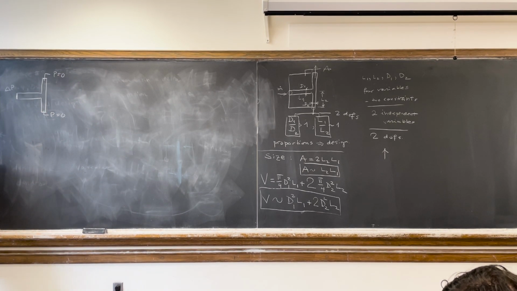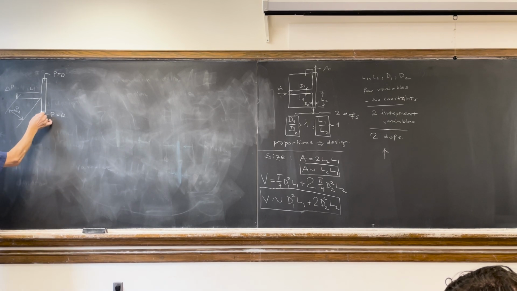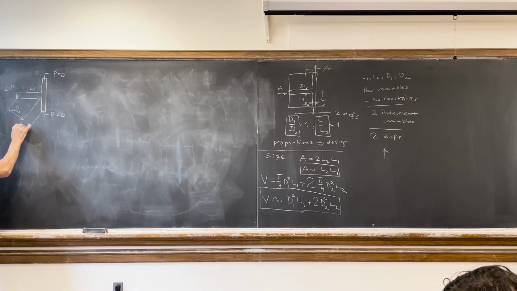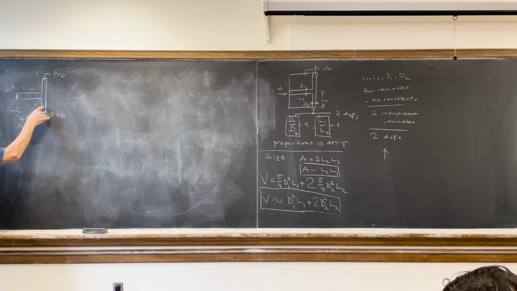And the delta P shown here is the sum of 2 pressure drops. One is along the L1 duct, I'll call it delta P1. And the other one is along either of these 2 branches, called delta P2.